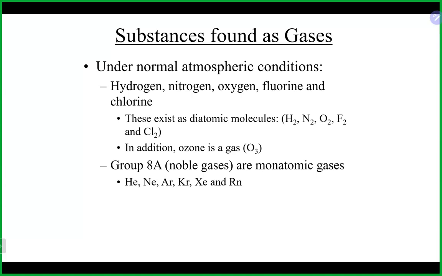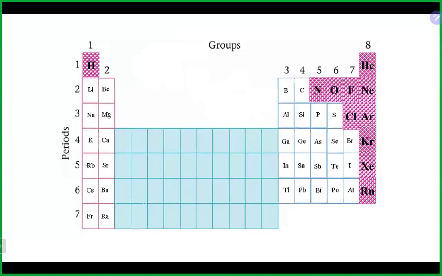And then, of course, we have group 8 on the periodic table, which is our noble gases. And those come as monoatomic, which means they essentially come as one. So those are typically our gases under normal conditions. So you can see our hydrogen, and then everybody over here under normal conditions is going to be your gases.